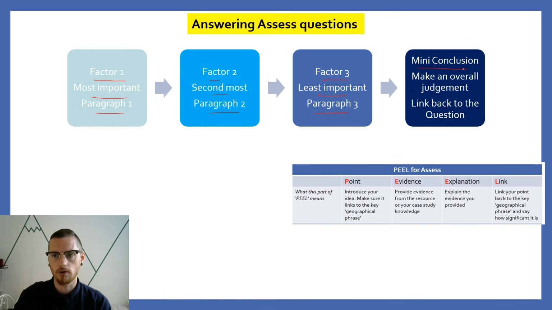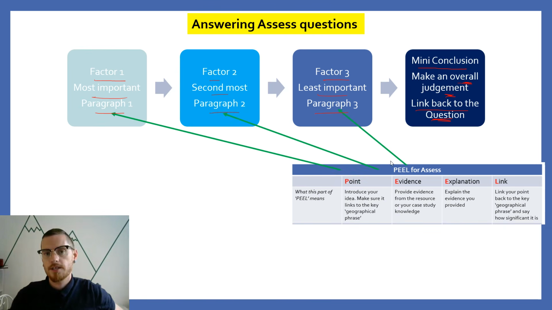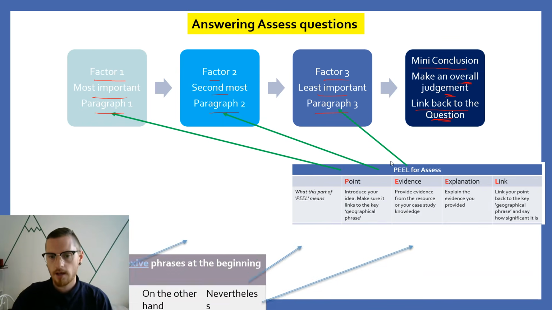And then I want a quick little mini conclusion, 2 to 3 sentences long, that's it. You make an overall judgment that links back to the question, i.e. you're answering the question at the end. Again, we use the PEEL structure here. And each of these paragraphs is going to be a PEEL structure.